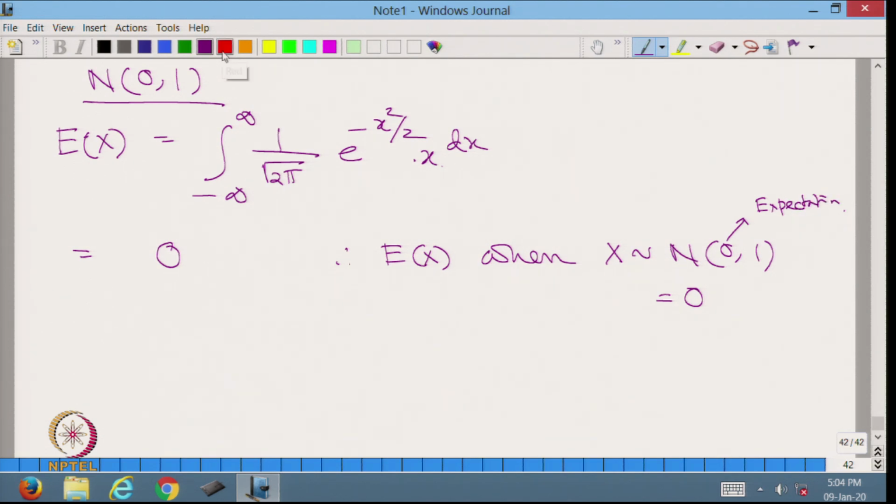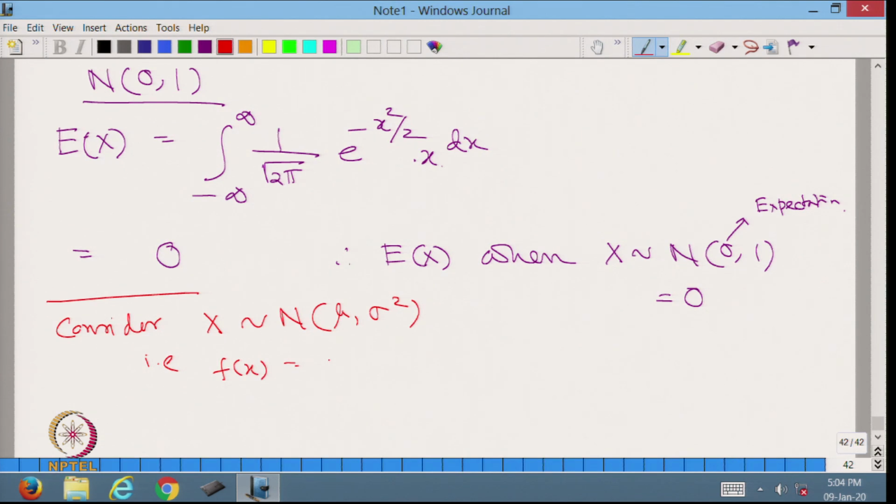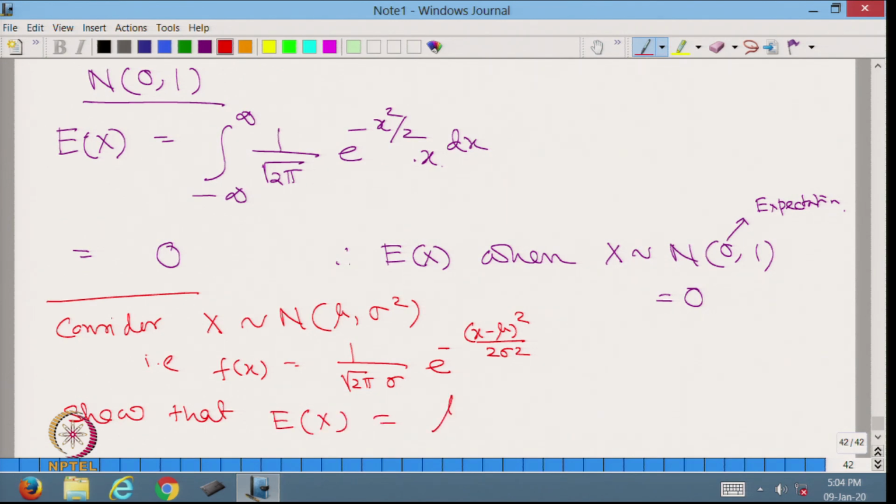Consider now normal mu, sigma square, that is f of x is equal to 1 over root 2 pi sigma e to the power minus (x minus mu) whole square upon 2 sigma square, and show that expected value of x is equal to mu.